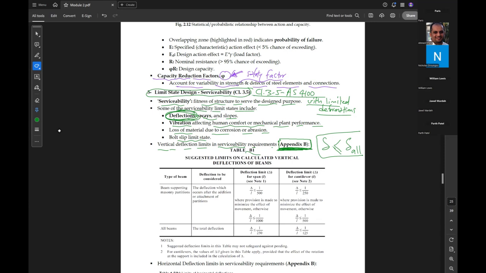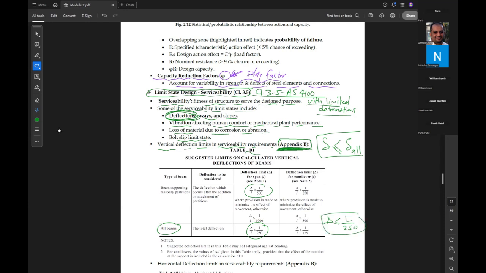If we have beams supporting masonry partitions, the limitation is delta over L should be less than 1/500. For all other beams, the total deflection, delta over L, should be less than or equal to 1/250. This means that delta should be less than span over 250.